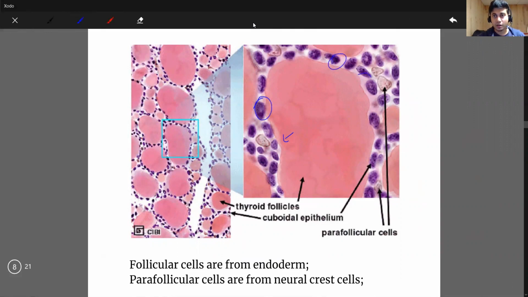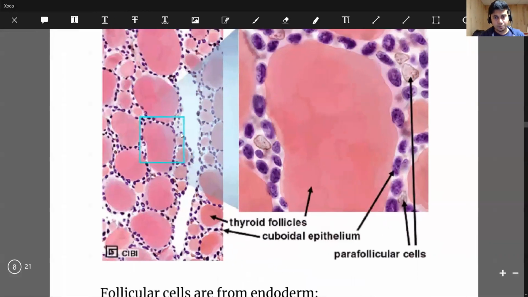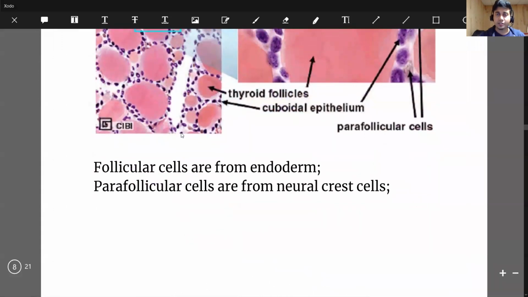These cells are your follicular cells, and surrounding or parallel to the follicular cells are your parafollicular cells. The follicular cells are derived from the endoderm, and the parafollicular cells are from the neural crest cells. They are a neural crest derivative.